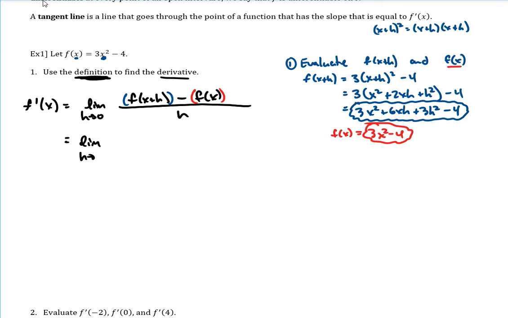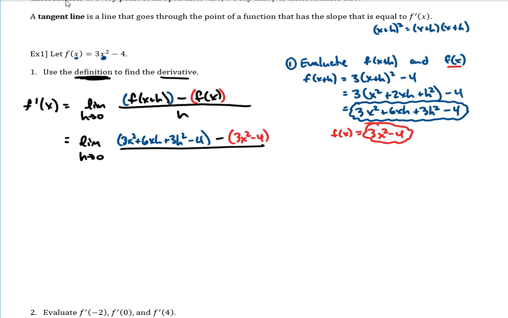Okay, so here was our scratch paper, or our half of scratch work. Now let's go and use our formula to plug in those expressions. So in the blue was this clouded expression: 3x squared plus 6xh plus 3h squared, and then minus 4. And then minus the f of x, which is the 3x squared minus 4.